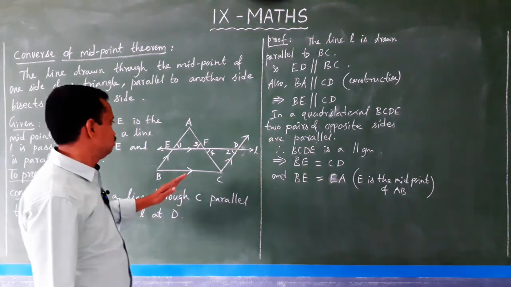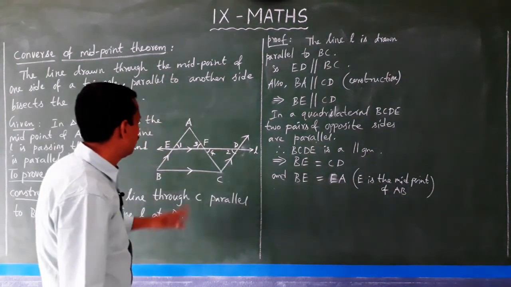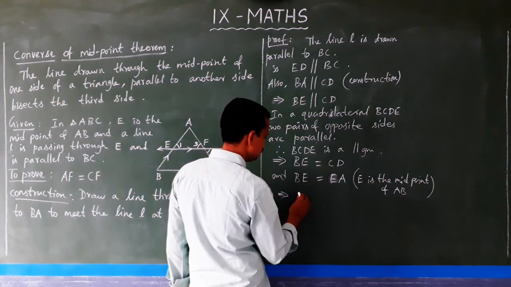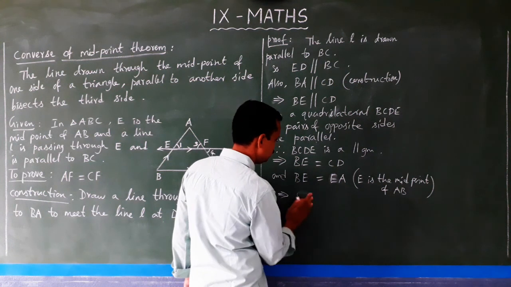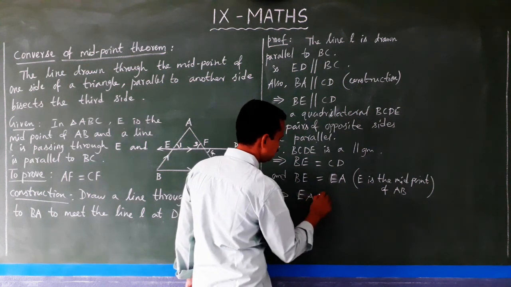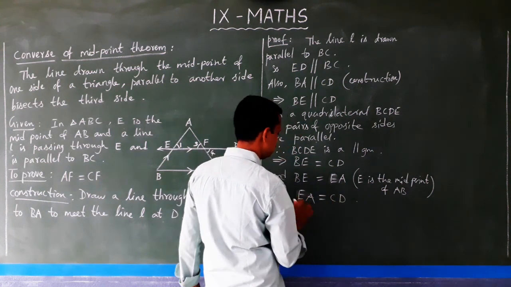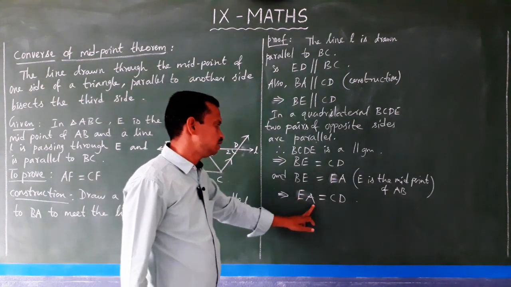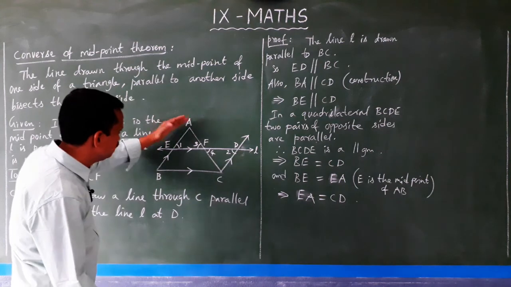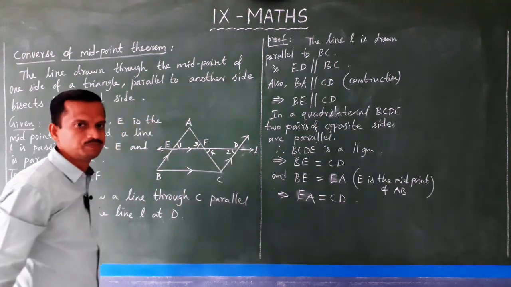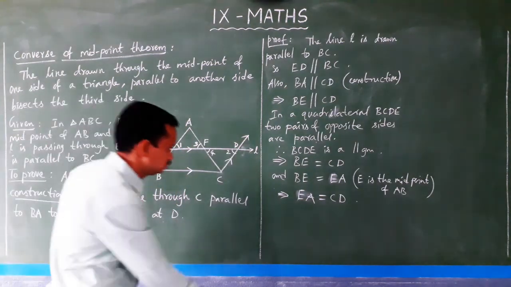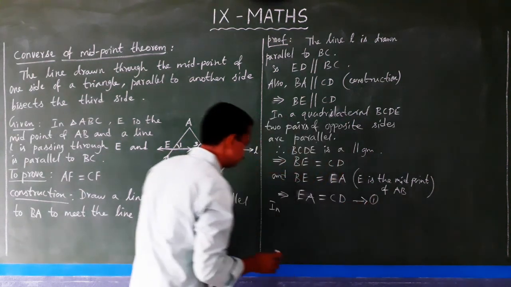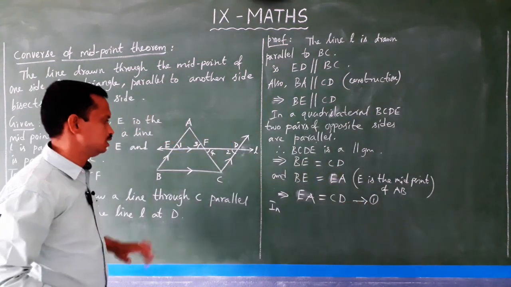So now we can have CD and EA are equal. From these two equations we can say the right hand sides are equal. So EA is equal to CD. This is equation 1. And now coming to the two triangles, we proved that EA is equal to CD.